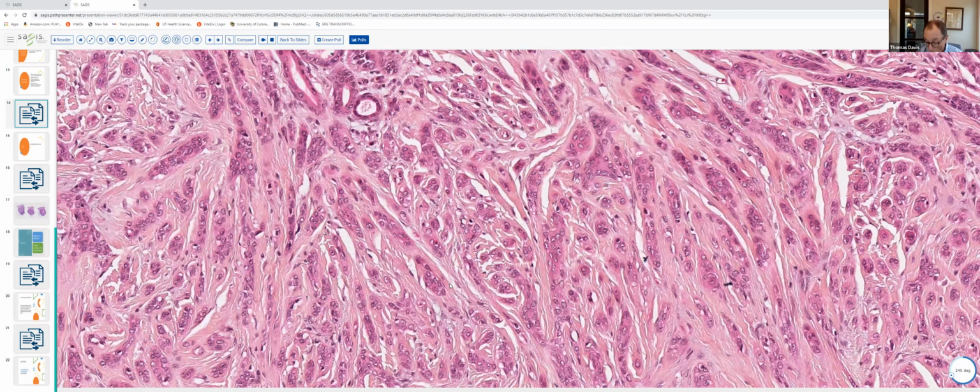There are a lot more of them, and they're more tightly packed and deeply infiltrated, but there's not a lot of cytologic atypia here. And that is a very characteristic feature of a microcystic adnexal carcinoma. Very infiltrative growth pattern, tendency to show perineural invasion, and yet cytologically very bland.